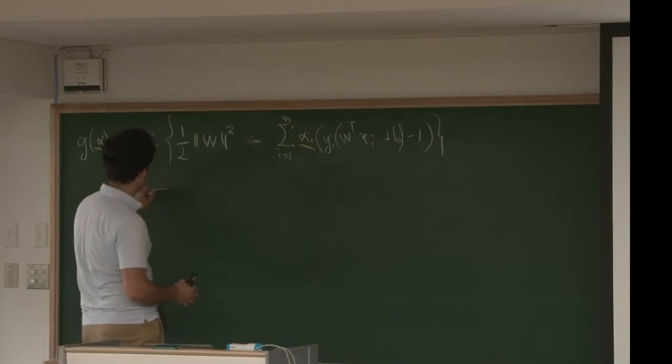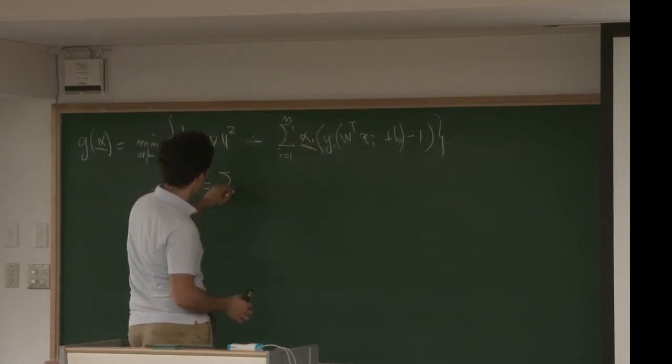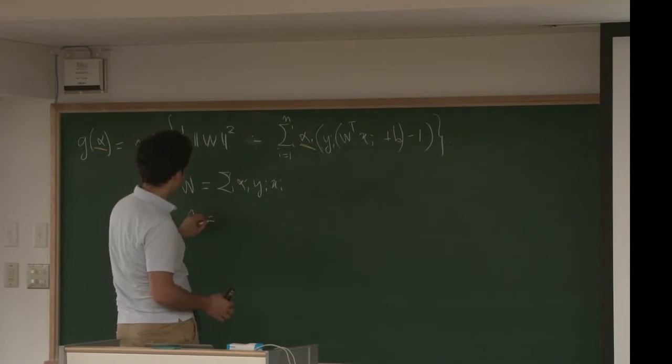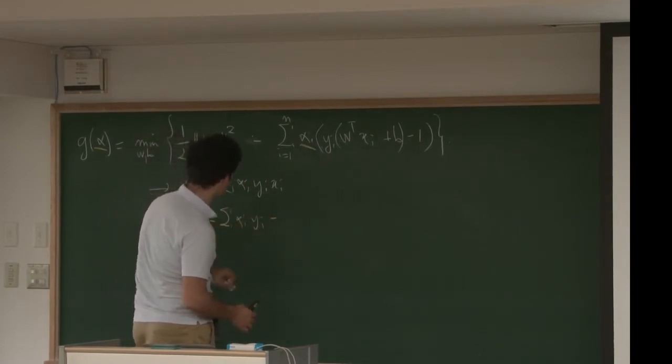We just got that necessarily at the optimum, W is equal to the sum of alpha I, yi, xi. And then we also have that the sum of alpha I, yi is equal to 0.